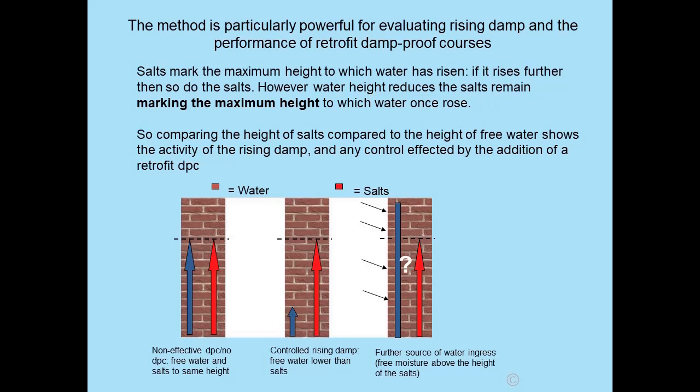The third example is where we've got salts to a certain height, but we have free moisture rising above this. This indicates there's a further source of water ingress, i.e. free moisture above the height of the salts. Exactly how effective a damp-proof course would be in that situation, we don't really know, because we don't know how much of the water at lower level is still due to rising damp, or how much of it was due to the water penetration.